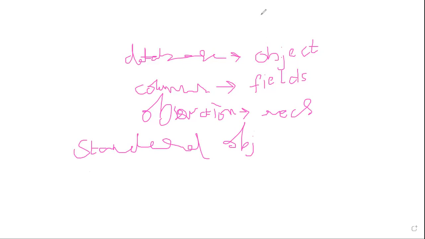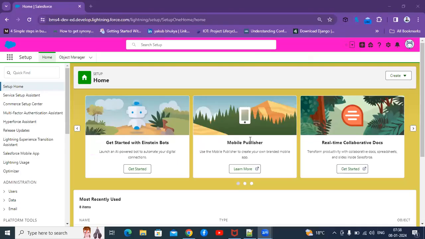Standard object means whatever objects you get with Salesforce itself. Whenever you install the Salesforce application, whatever objects you get, those are standard objects. Initially remember, standard means the thing which comes with Salesforce. Custom means based on requirement, if we create something, that is a custom one.